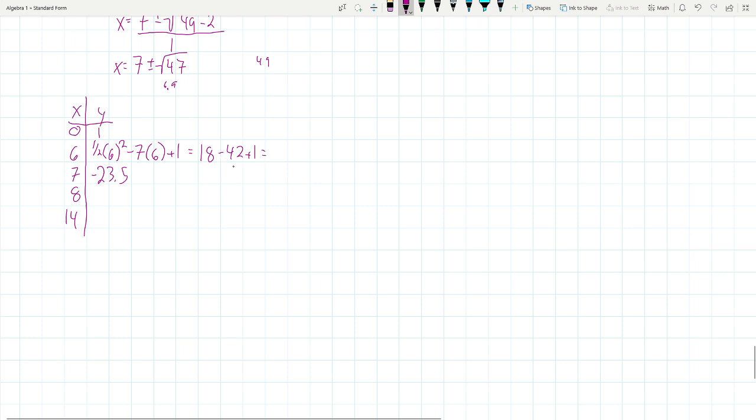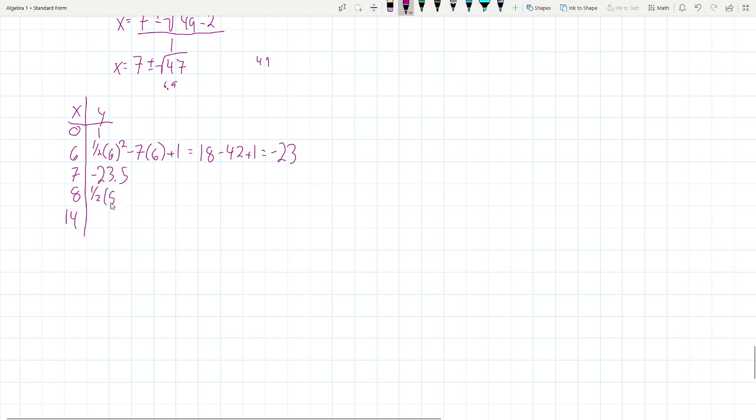As you can see, this is kind of getting a little bit annoying. Let's see, I'll use my calculator for this. 18 minus 42 is negative 24, minus another one is negative, or plus 1 is negative 23.